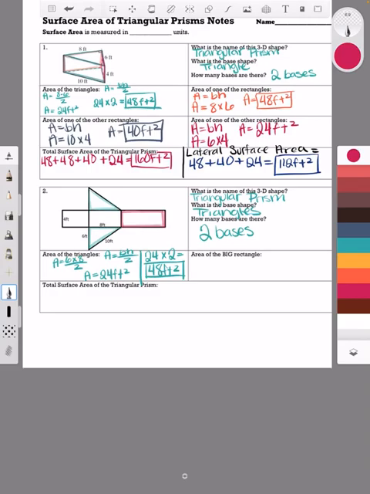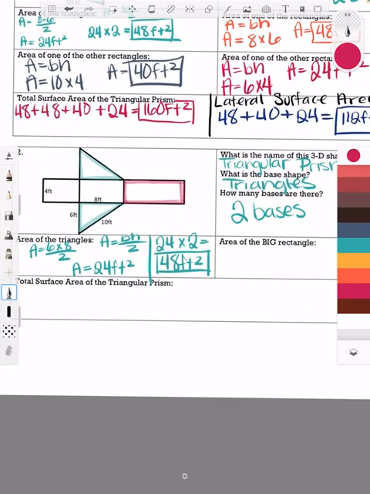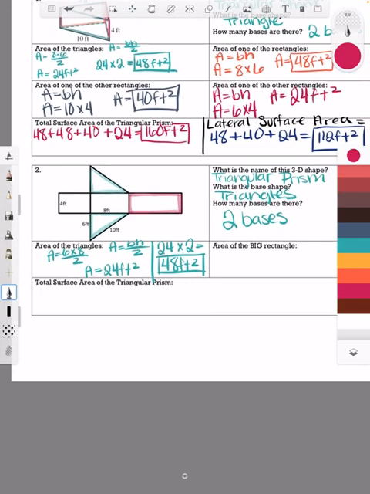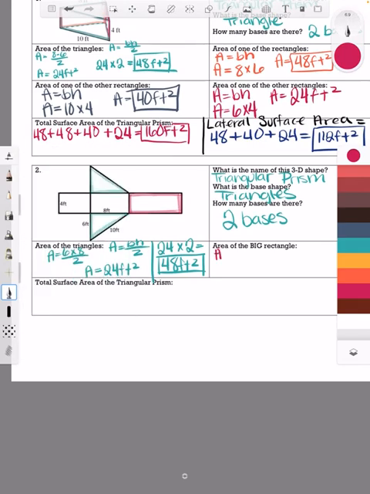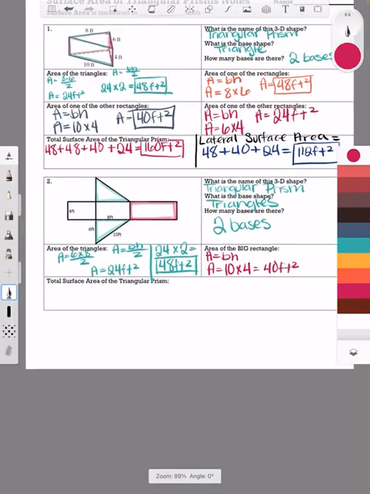I know the height of the rectangle is going to be 4 feet, and my base is going to be 10. So area is equal to base times height. My base is 10 and my height is 4. 10 times 4 gives me 40 feet squared here.